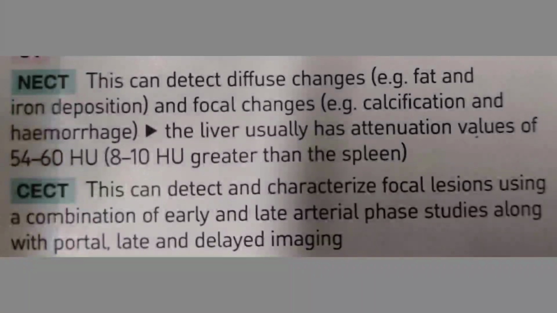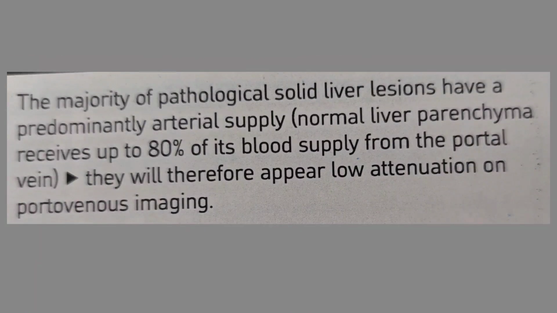And if there is any focal lesion, for example calcification and hemorrhage, you don't need contrast for either. The liver usually has an attenuation value of 54 to 60 Hounsfield units, 8 to 10 units greater than the spleen. If you compare the CT density with the spleen, the splenic CT density is slightly lower, 8 to 10 units lower than the liver.